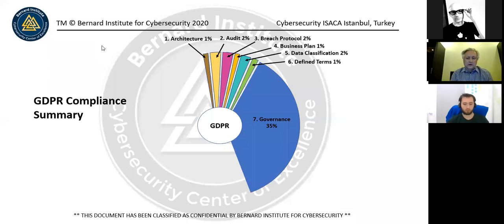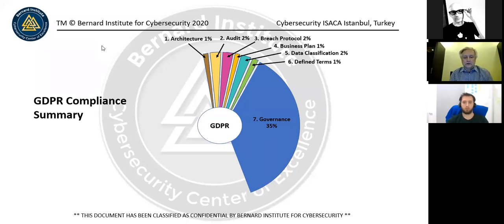I see a whopping 35% of the articles, 99 articles, that refer to activities that involve governance. So governance is a big part of GDPR, managing authorities and who has decision-making power around the handling of personal information to provide the guidance requires quite a bit of effort.